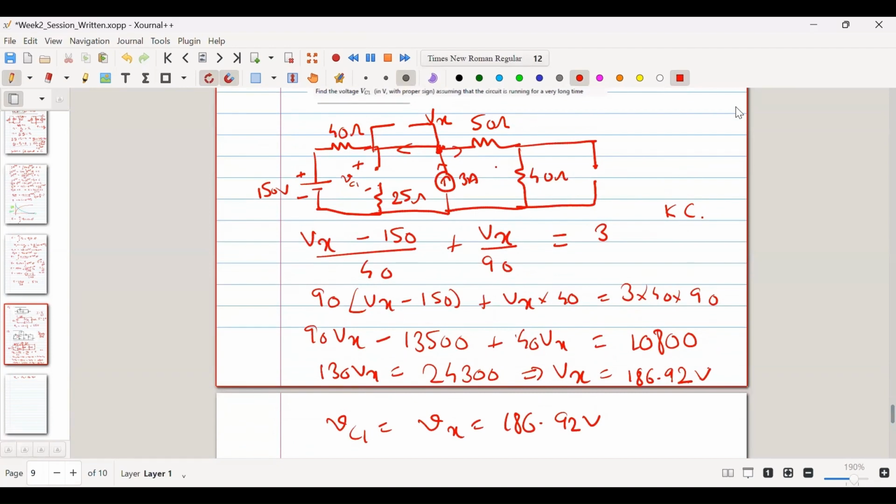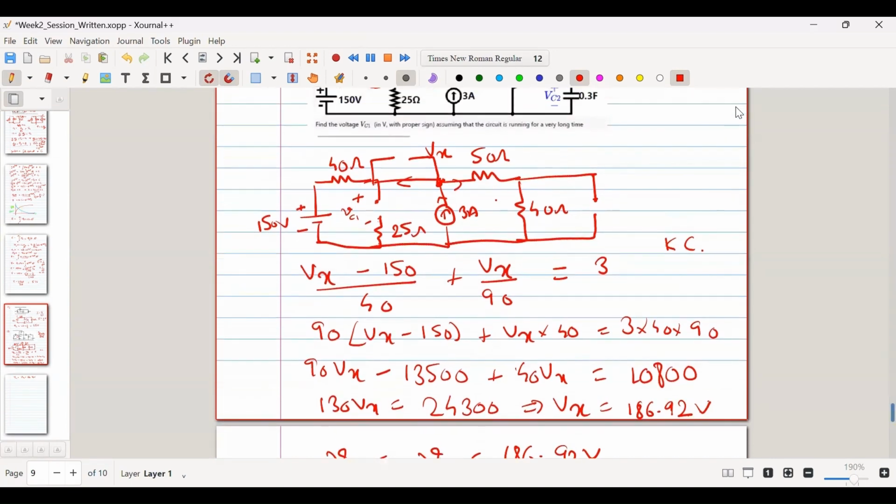Any doubts? Okay, one more thing I will do: what is the current being supplied by the voltage source? How much is the current?